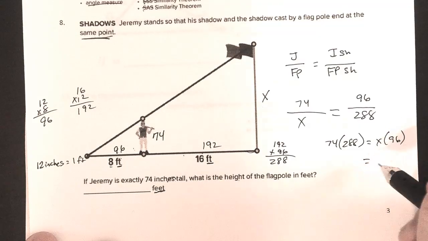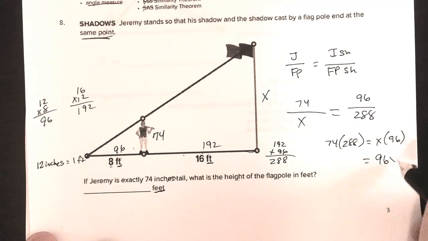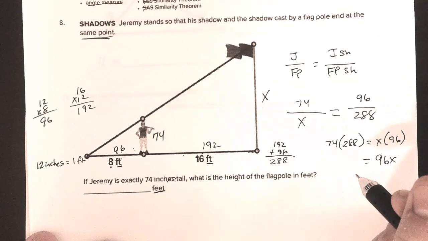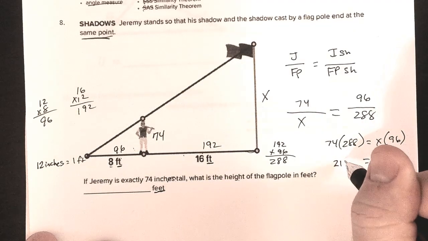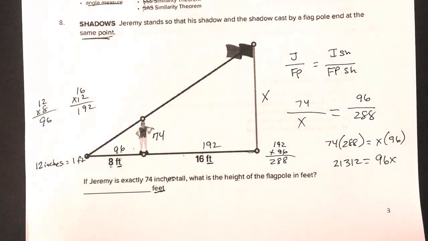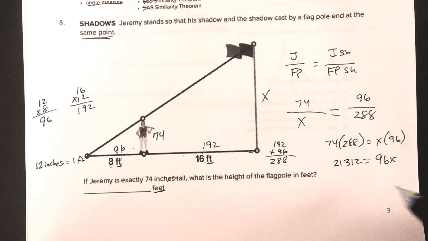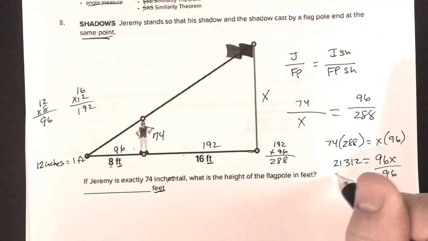X times 96 is 96X. 74 times 288 is 21,312.